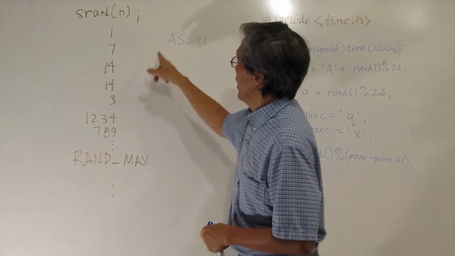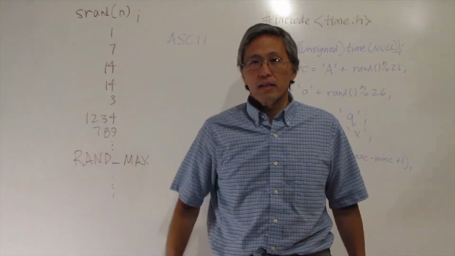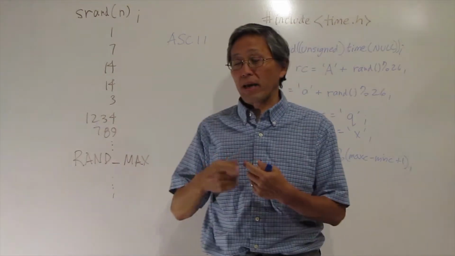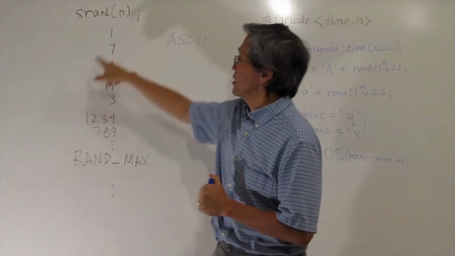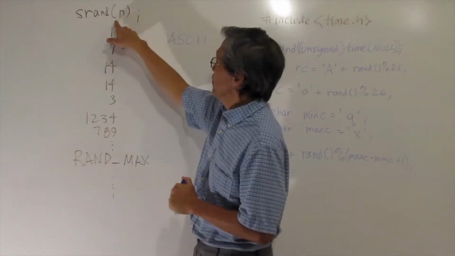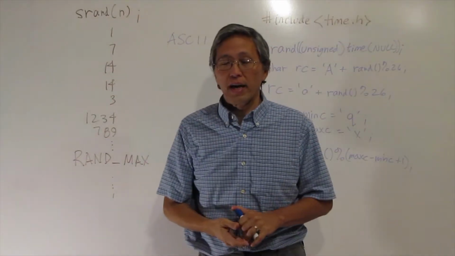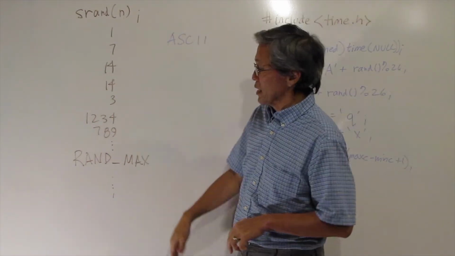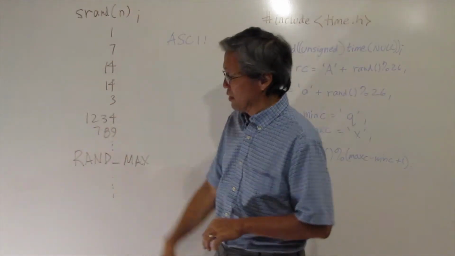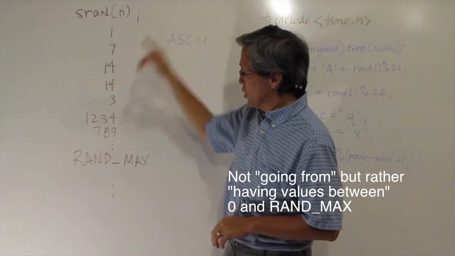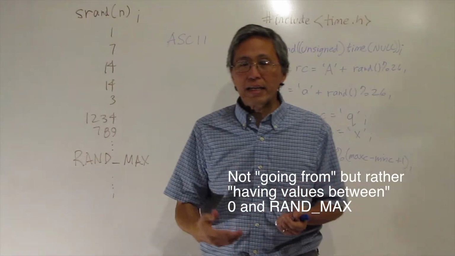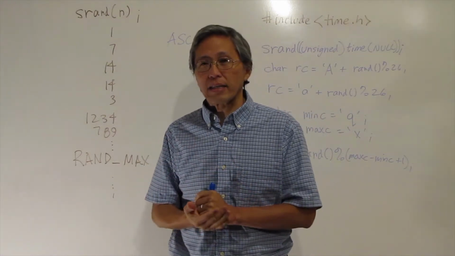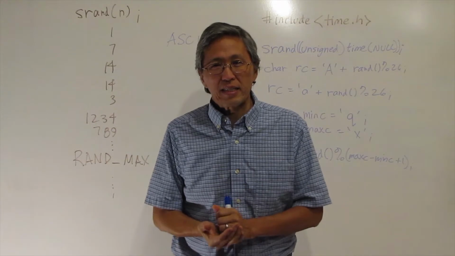Now, if you recall, you want to start out any code you've got about random numbers with at least this one, and you want to have it only one time in your code. That is srand. Whatever number you have in the parentheses of the srand function, it's going to give you a list of numbers. You can think of this as an infinite list going from 0 to RAND_MAX, where any number in that range can be selected and is equally as likely to get selected as the next time.